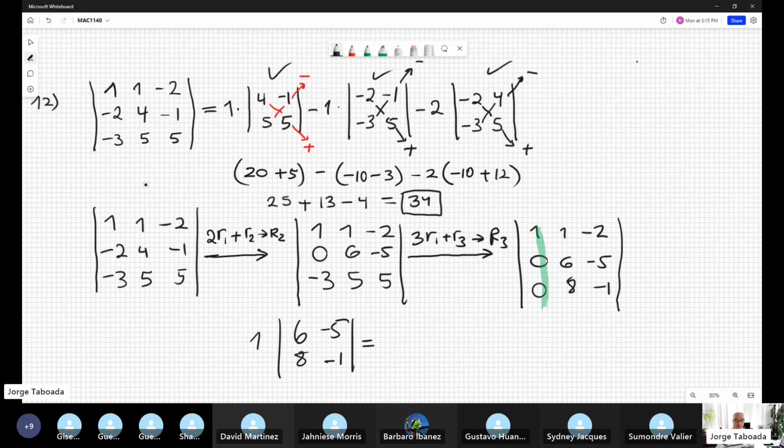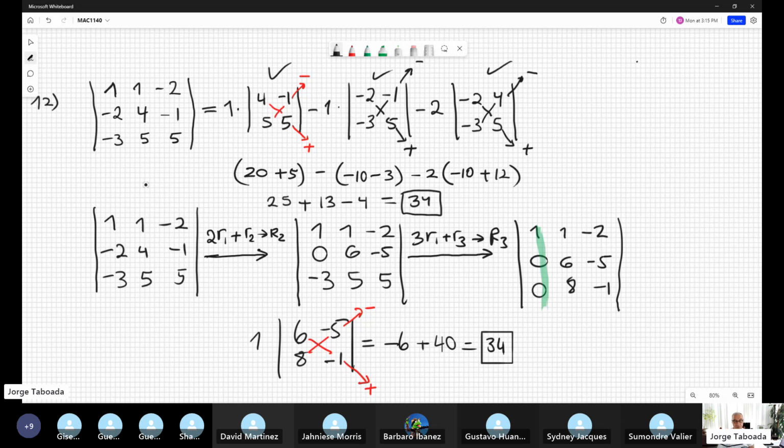Ready to apply the algorithm for the 2 by 2. You multiply this one with the same sign, and you multiply this one with the opposite sign. 1 is invisible. You have minus 6 plus, because double minus is plus, 40. And 40 minus 6 is 34. Same answer.